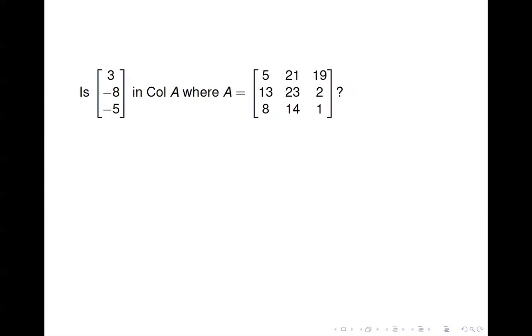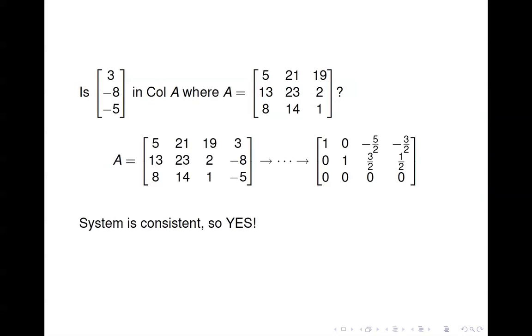Alright, so here's a vector, and we want to know if it's in the column space of A for the given matrix A. So we need to solve the system. Alright, set up the augmented matrix, solve the system. I've done that, left out the specifics of the row operations, but we end up with this matrix here. And so the question is, does this correspond to a consistent system?